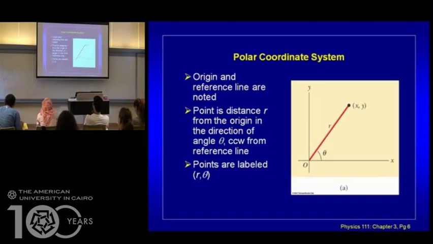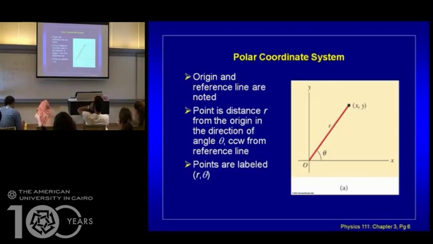Okay, look at this. Remember, in the Cartesian coordinate system, the system that I just showed you a minute ago, we deal with X and Y. With the polar, we deal with R and theta: R, how long is the vector, and the angle theta.